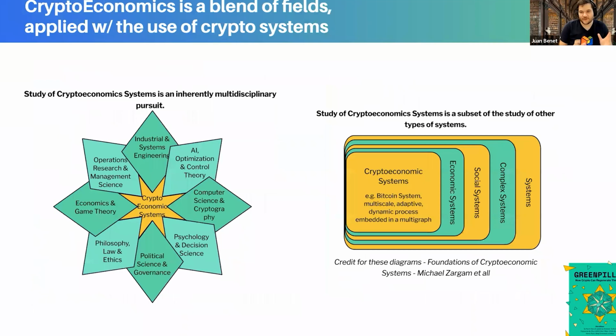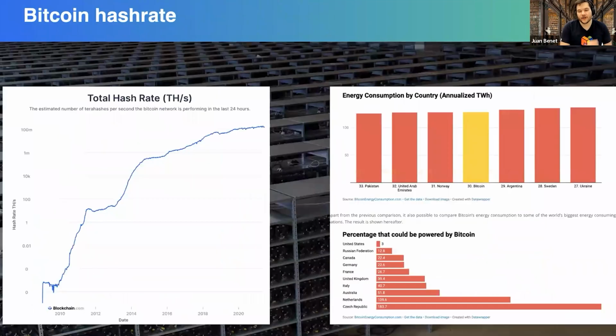Just to give a sense of why crypto is such a massive lever, think about Bitcoin for a moment and think about the massive hash rate that is achieved by one single impact evaluator. I'll describe impact evaluators in a moment, but the block reward of Bitcoin is a single mechanism that is repeatable and dependable, and that enables this massive industry of participants consuming an enormous amount of electricity around the world.